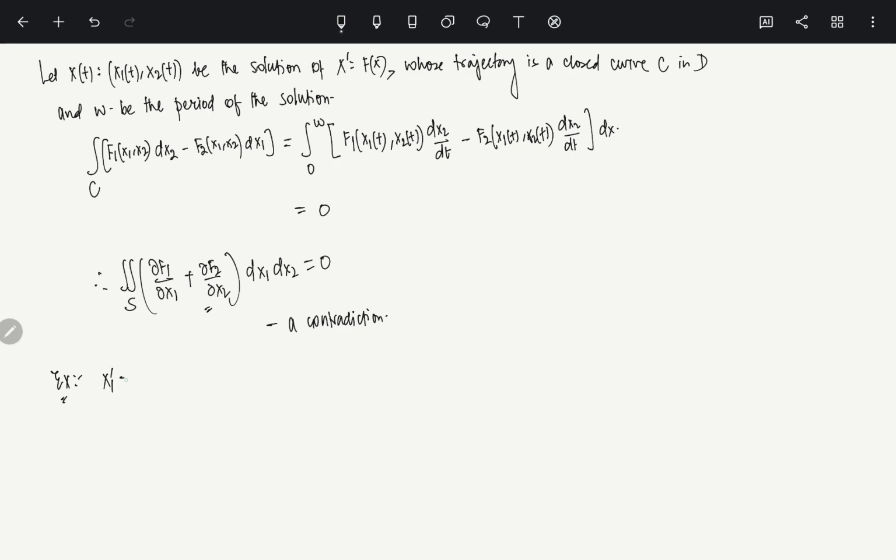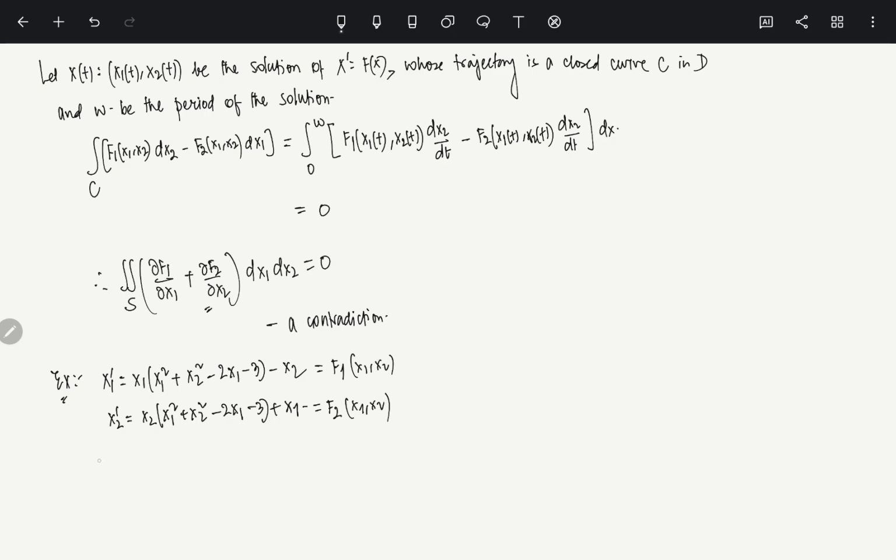Let's say x1' = x1(x1^2 + x2^2 - 2x1 - 3) - x2, and x2' = x2(x1^2 + x2^2 - 2x1 - 3) + x1. Now for this system, this is f1 and this is f2 of x1, x2.